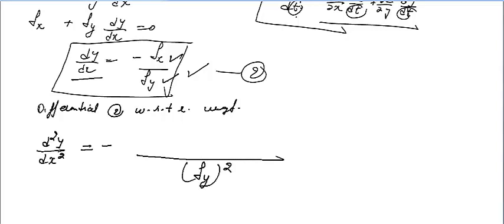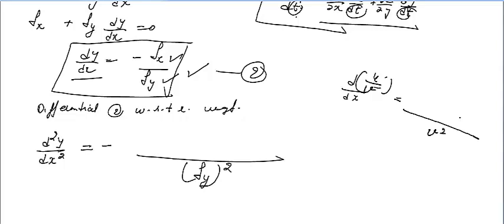You know the formula for u into v, the derivative of a product of two functions: u is outside the derivative of v with respect to x. Now this is not u into v, this is u over v. The formula is v square, v is outside the derivative of u minus u is outside the derivative of v.